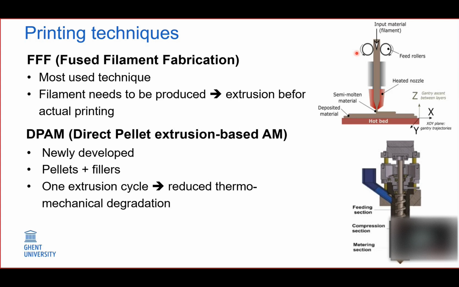So we have a moving platform that moves under the nozzle and prints our part. In this way, we use one melting cycle, so we ensure less degradation of the material. And we are trying to select the settings for the direct pellet extrusion-based additive manufacturing in such a way that the printed parts possess similar properties as the industrially used fused filament fabrication.